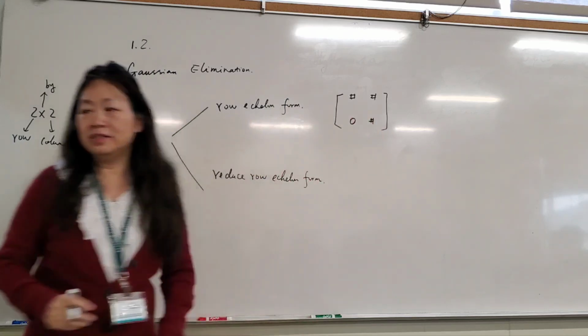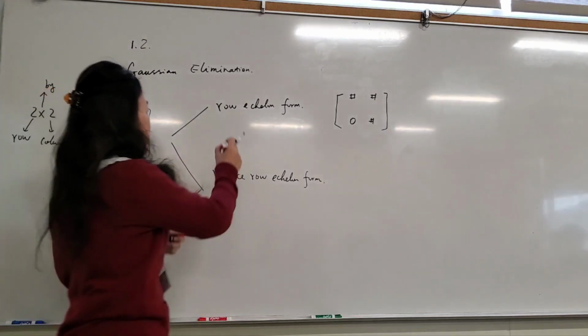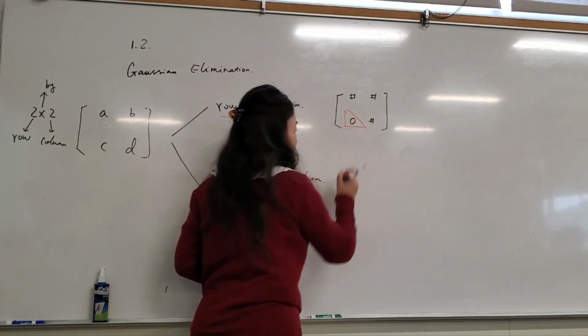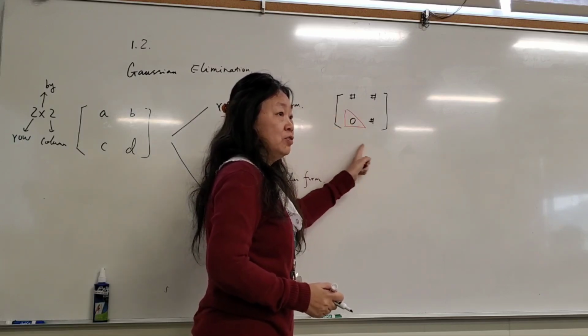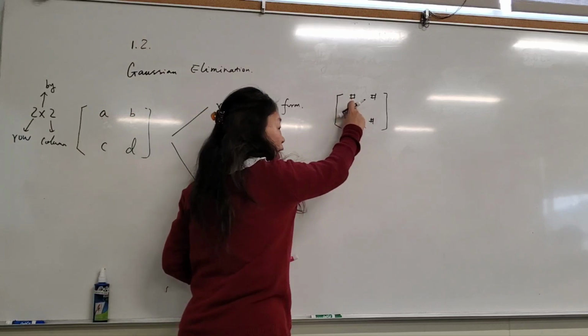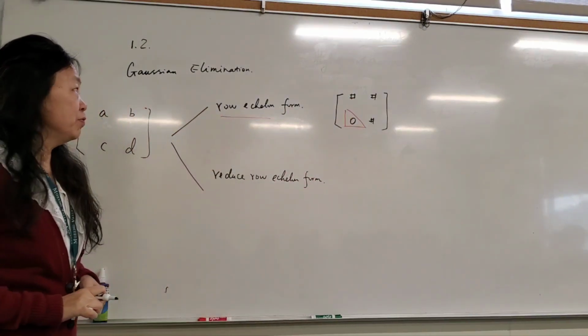So a row echelon form is where you create a lower zero triangle. If you go to 3x3, they're going to be like that too. You can draw a little triangle here, and this is any number. That's a row echelon form.